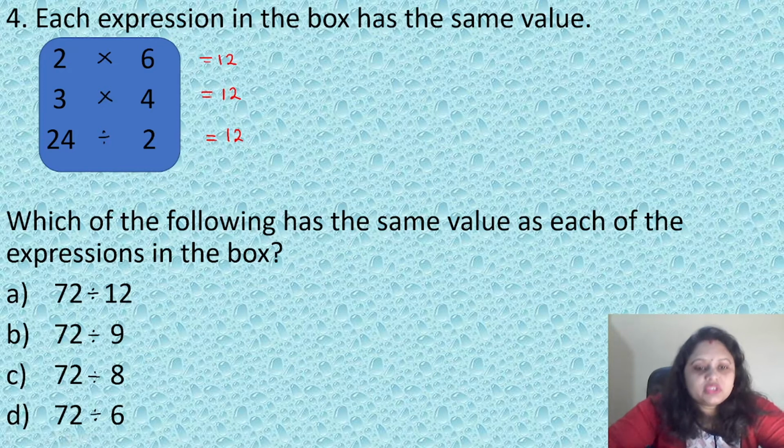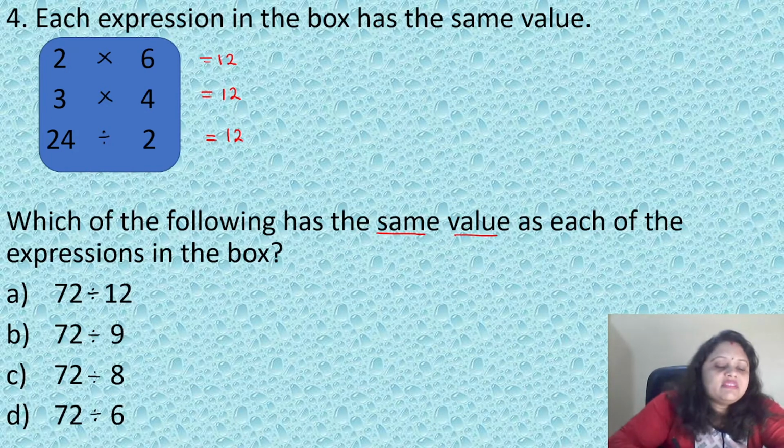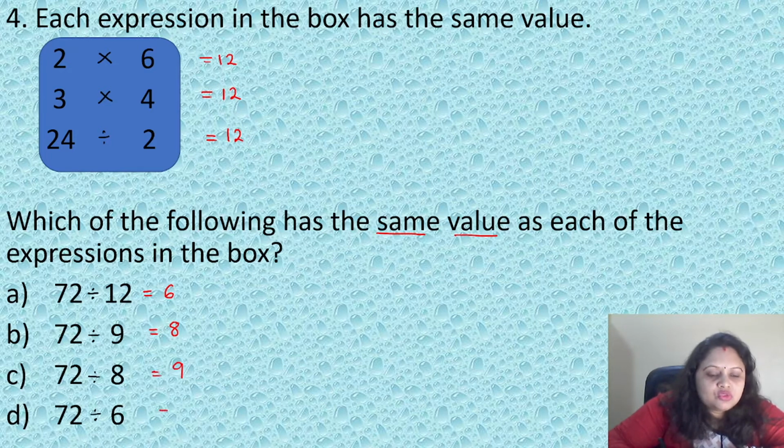In the question it is asked which of the following options has the same value as each of the expressions. So 72 divided by 12, its answer is 6. 72 divided by 9 is 8. 72 divided by 8 is equal to 9. 72 divided by 6 is equal to 12.